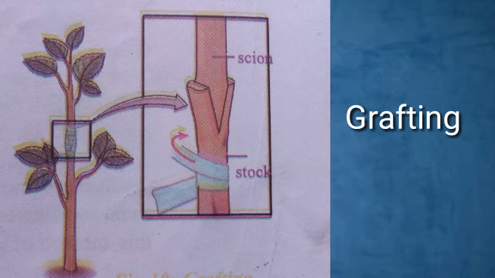The thread is wound around that plant. This is done especially for propagating improved varieties of plants in horticultural methods, especially flowers and fruits like mango, citrus, apple, rose. All these plants are done like this, and even rubber plantations.